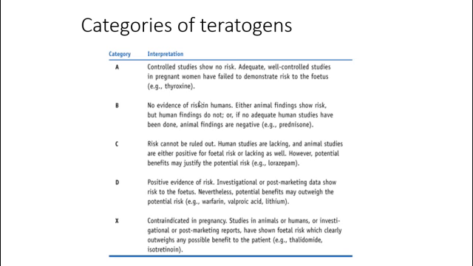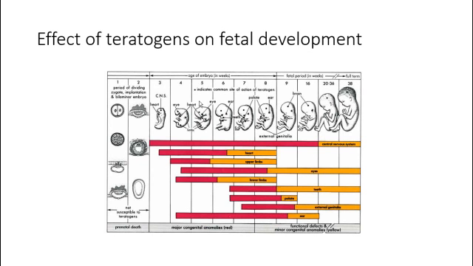There are different categories, and I'm not going to, of course, hold you responsible for this, but some things we know are very, very dangerous, and those are absolutely contraindicated during pregnancy, and I think nicotine would be an example of this. There are some, we can go all the way to the other end where they don't show any risk at all, and everything in between. So just to share that with you.